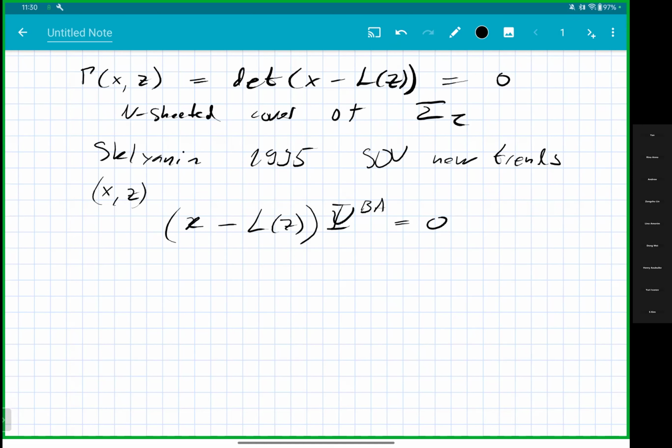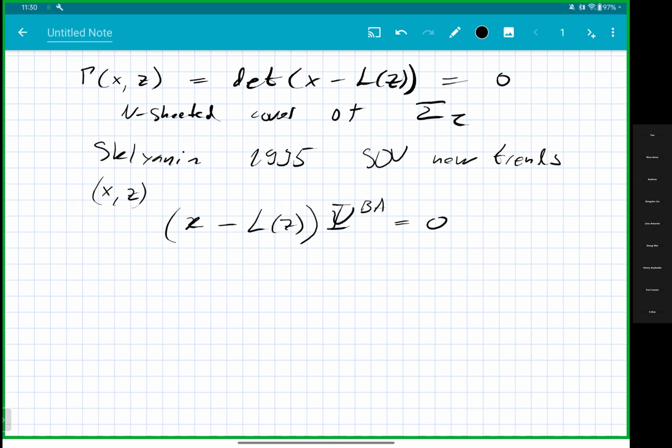My question is, if I have in an abstract form this Lax equation where L depends on an additional parameter, there is something called the spectral curve, where you wrote some abstract determinant of x, some auxiliary variable, minus L of z.